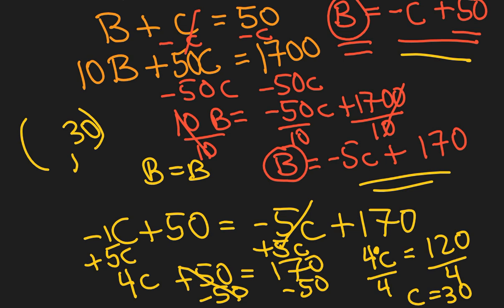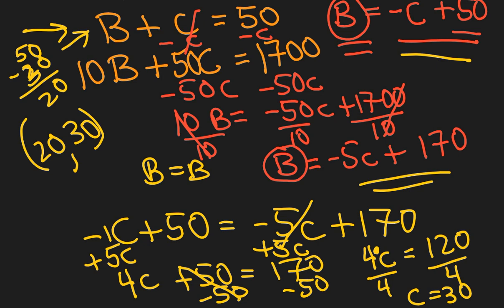Okay, so if I go up to this original right here, 30 car tires plus how many bike tires makes 50? I love giving away the answer. 50 minus 30 is 20. I went up to this original thing, and I basically plugged in 30 right here.